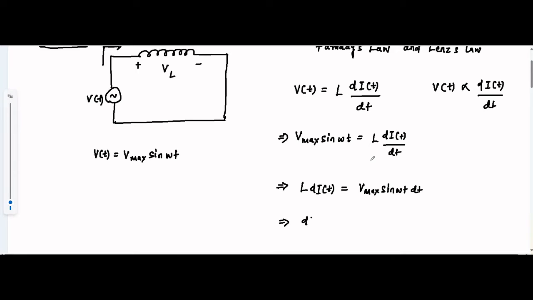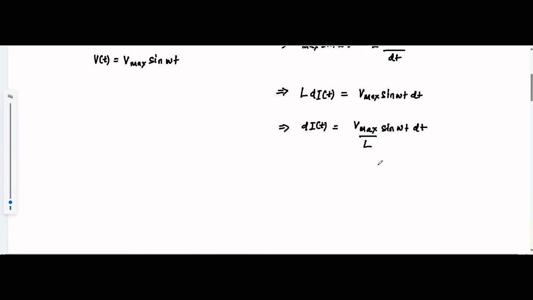That implies di(t) is equal to Vmax by L sin omega t dt. Now in order to get the expression of current, we'll integrate both sides.